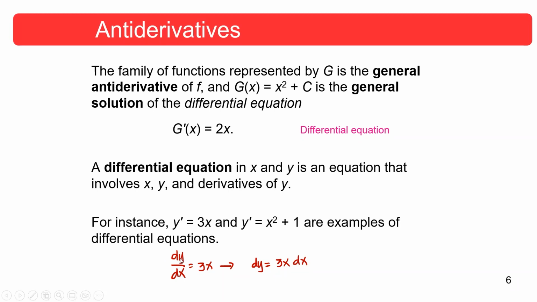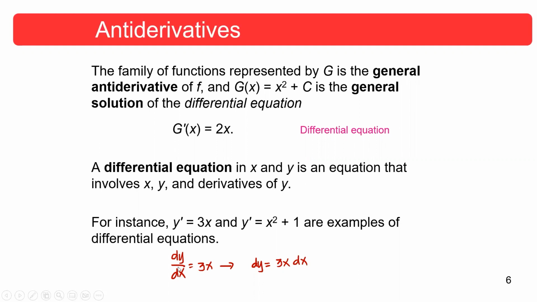And then looking back at the standard form for derivatives, dy over dx, you can identify the dependent variable and the independent variable. The independent variable is the x. The dependent variable is the y.